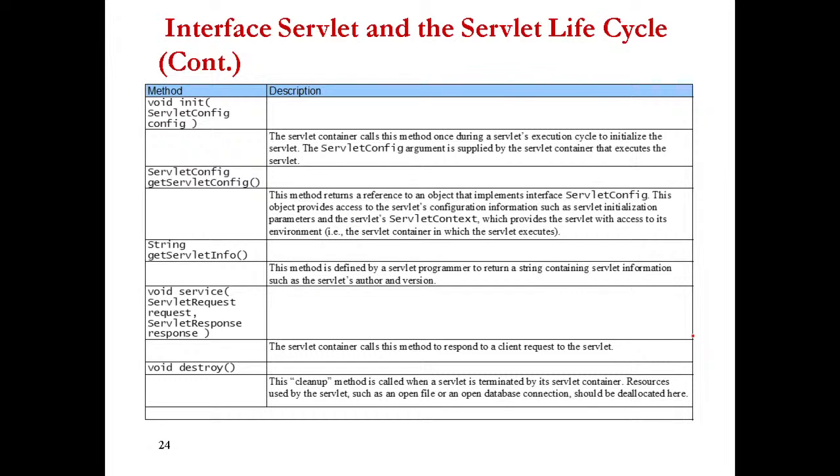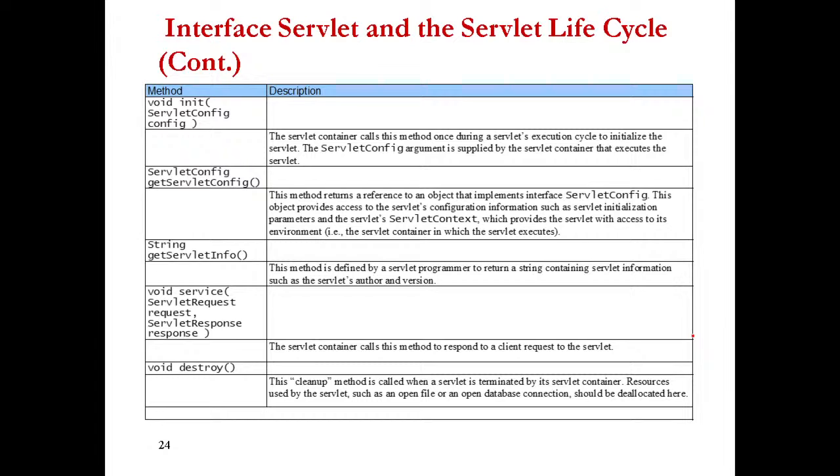So there are some syntaxes of different methods which we use in servlets. First of all, this is the init method, which returns nothing, but takes an object of the ServletConfig class. It is used to create or initialize the servlet.